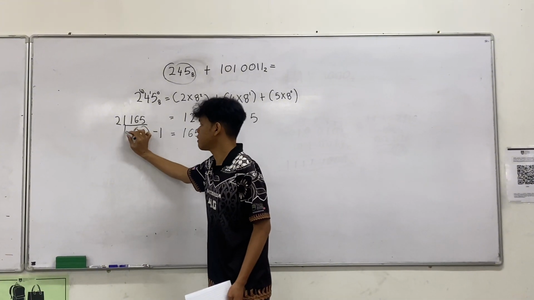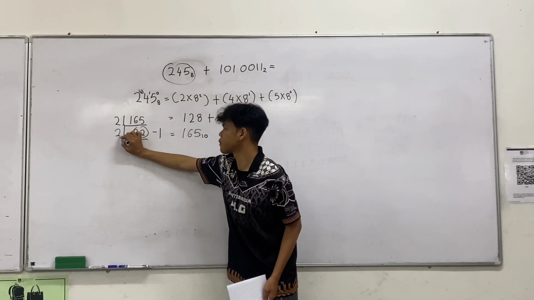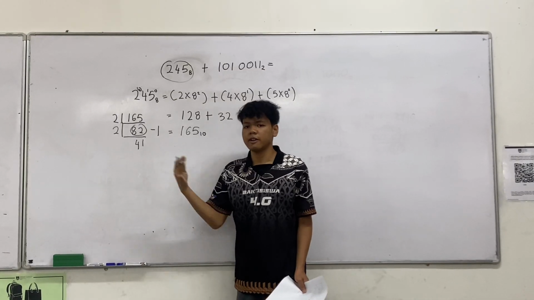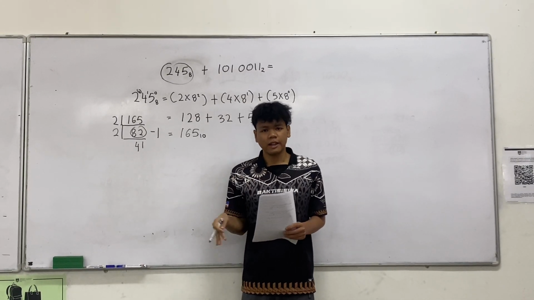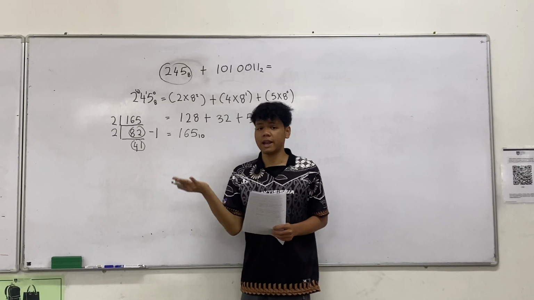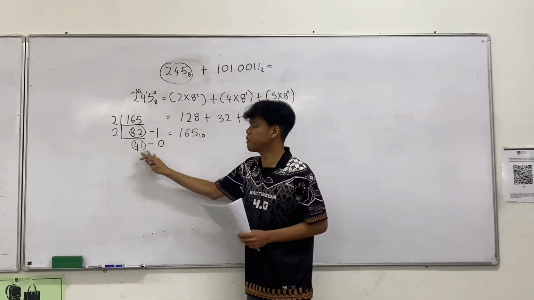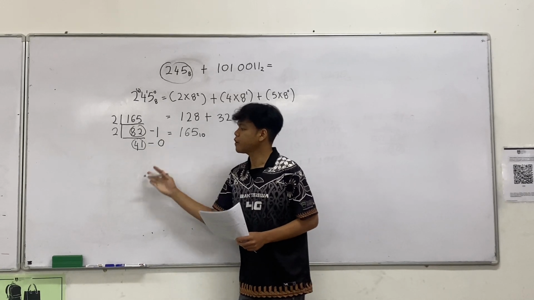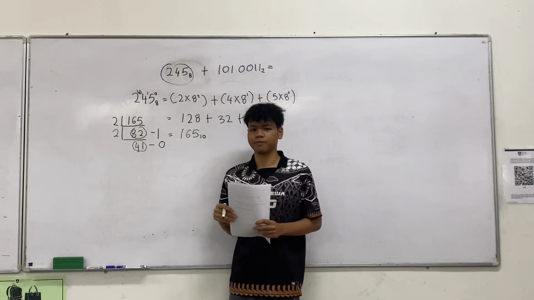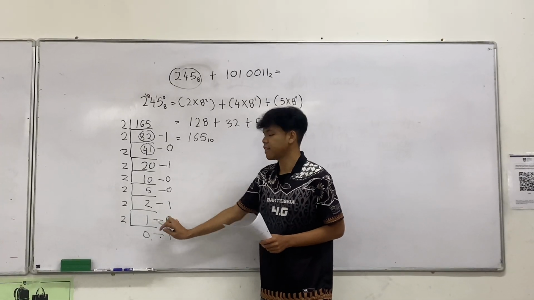Let's calculate again. 82 divided by 2, and we got 41. This has no remainder, so we put 0. This calculation will continue and continue until we get 0, so we finally get all the answers until the final quotient is 0.